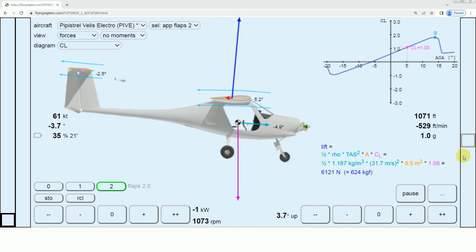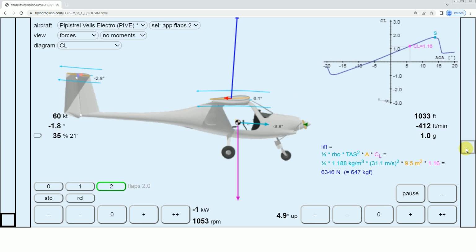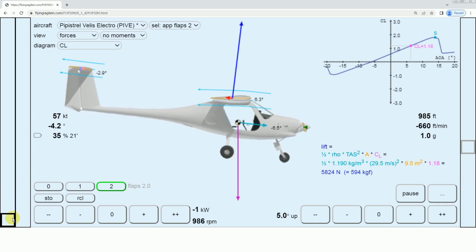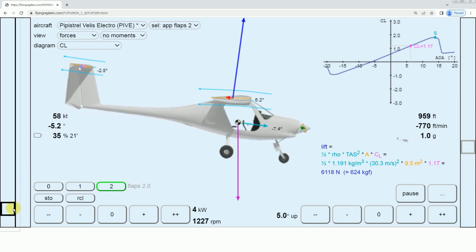Therefore, if you control your glide path by pitch, it's of utmost importance to have a watchful eye on your airspeed and to provide the required power.